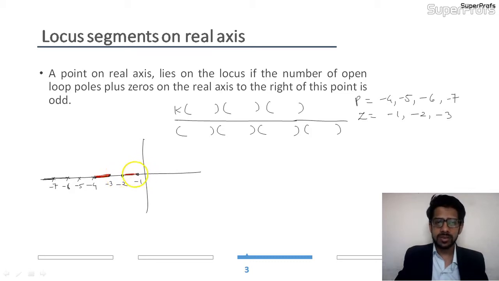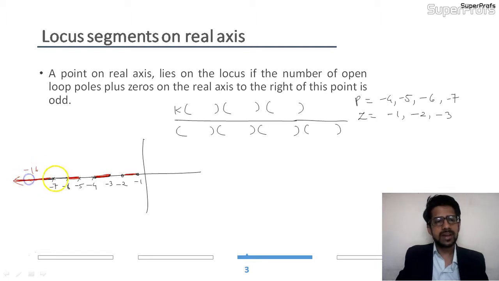For these you have 2, so there will be no root locus here. For this also there will be no root locus. Again for this part there will be root locus because you have 1, 2, 3, 4 and 5 poles and zeros, which are odd in number. So you have this part also. And again, we had this particular root loci going towards infinity from -16.